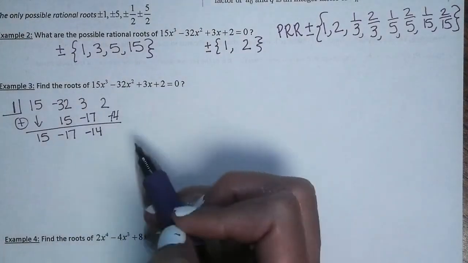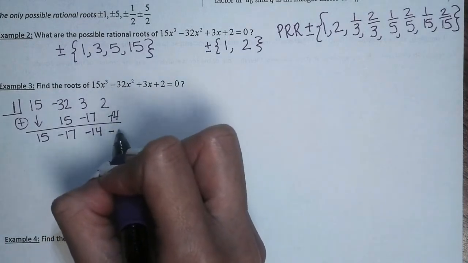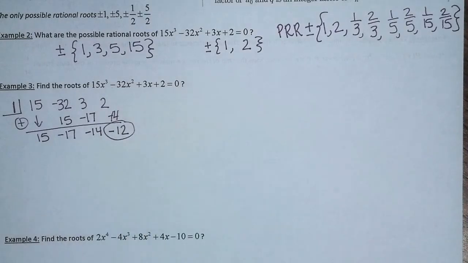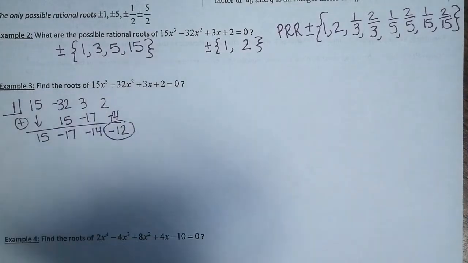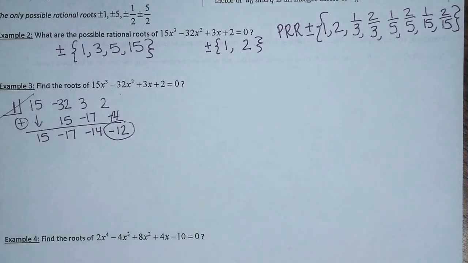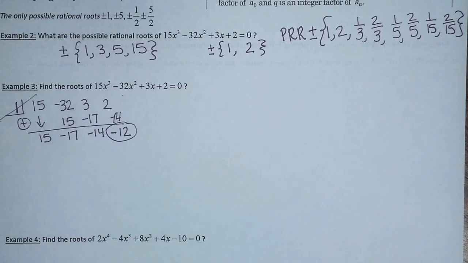And when you add it to 2, that gives you negative 12. So this is the remainder. Since it is not equal to 0, that means that 1 is not a root of the polynomial. So now we just have to keep guessing until we do get a remainder of 0.